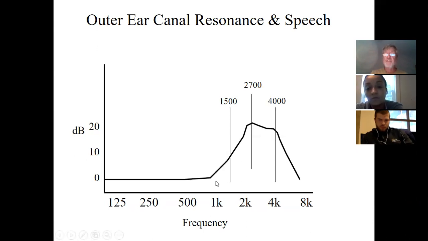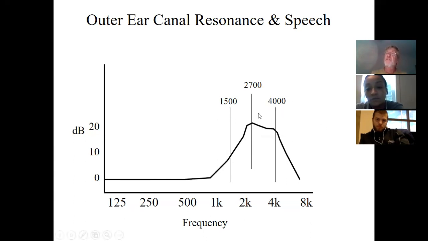If I took 1,000 hertz at 50 from a speaker here and measured in my ear canal, I'd have 1,000 hertz at 50. But if I had 2,000 hertz at 50 coming from a speaker, in my ear, I'd measure about 70. Because now it's beginning to resonate.